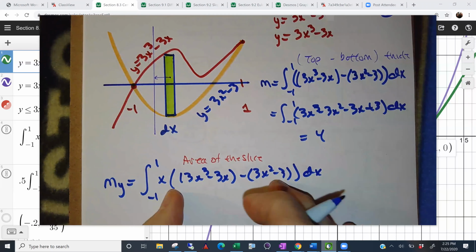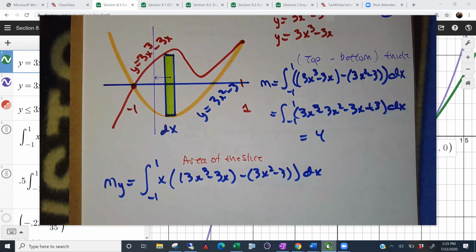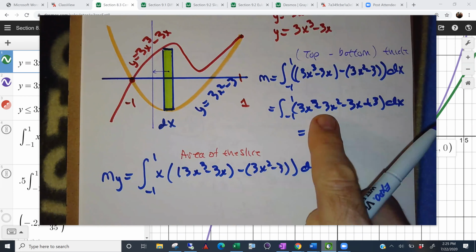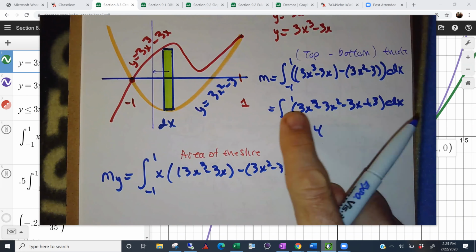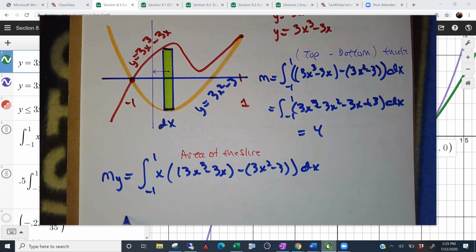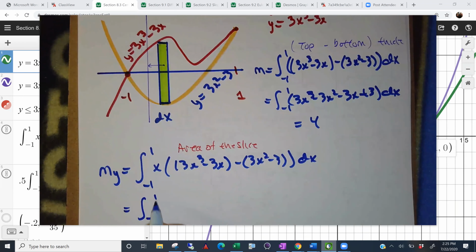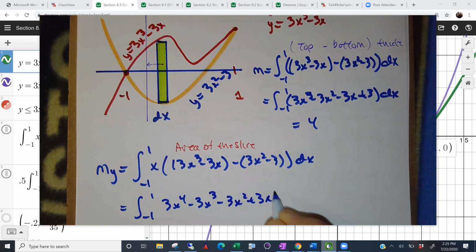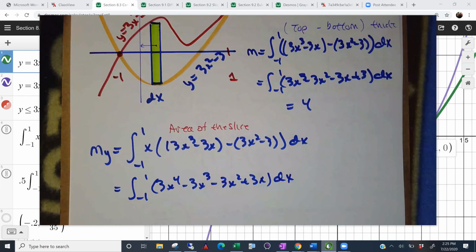So height times width. Now, this we already know simplifies like this. If I distribute the x, I'll end up with the integral of 3x to the 4th minus 3x cubed minus 3x squared plus 3x dx.